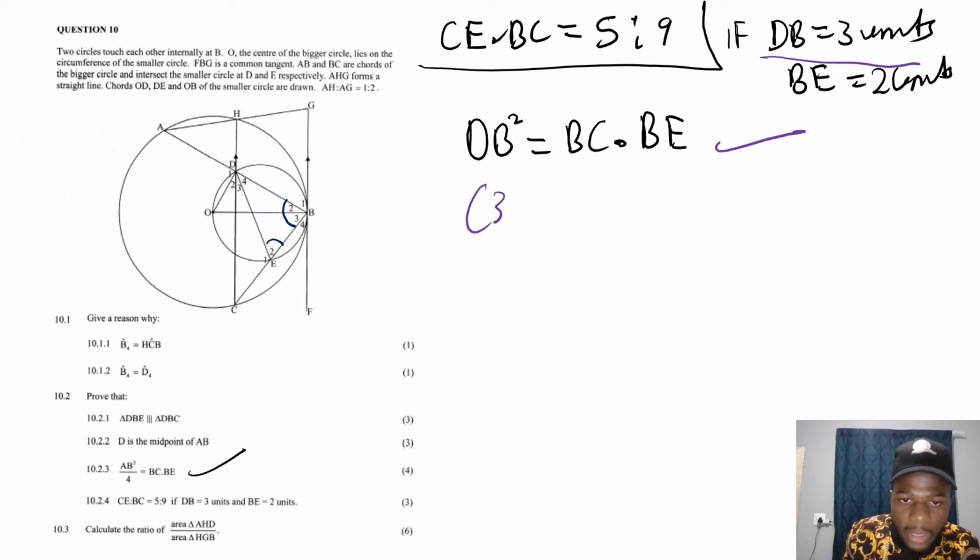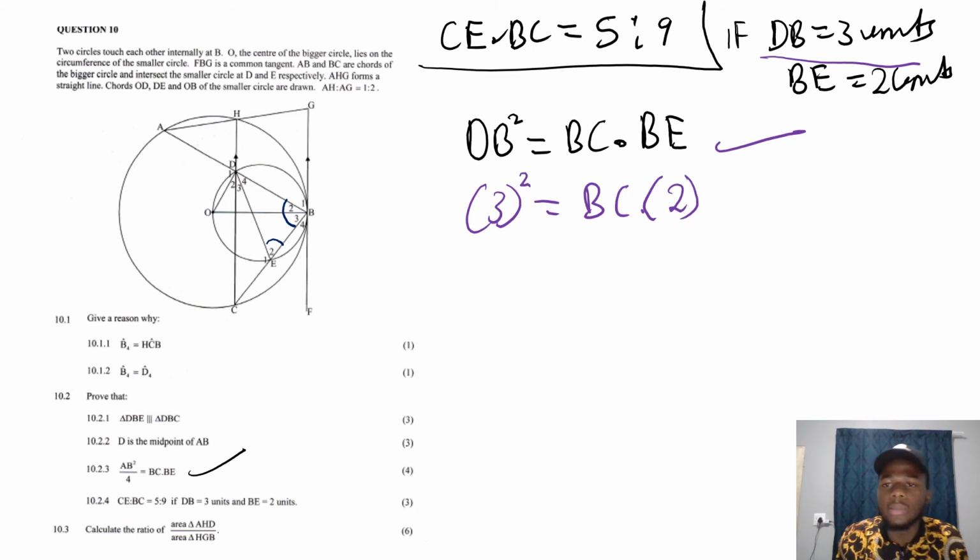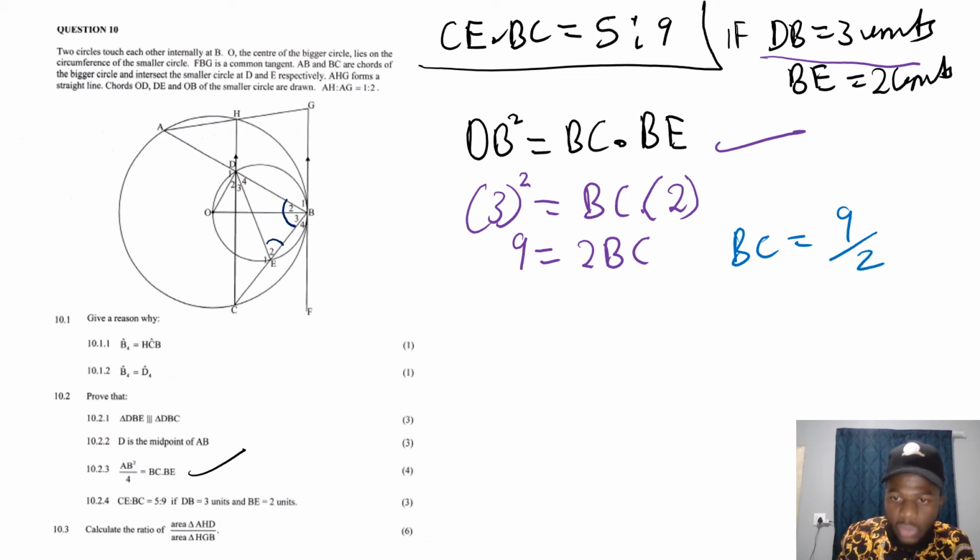You can see 3 squared equals BC multiplied by BE, and BE is 2, isn't it? 3 squared is 9, equals 2 BC. Then we divide everything by 2. BC will be 9 over 2. I hope you understand that one.